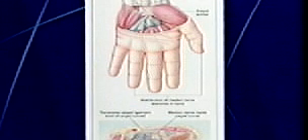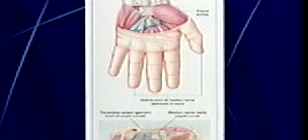So, here you see a nice little diagram of the carpal tunnel and the median nerve coming through the carpal tunnel. And you see it affects the thumb, the first three fingers, and that's where the paresthesias go.